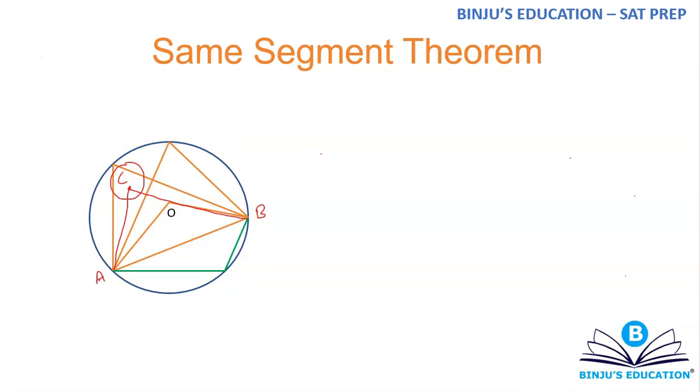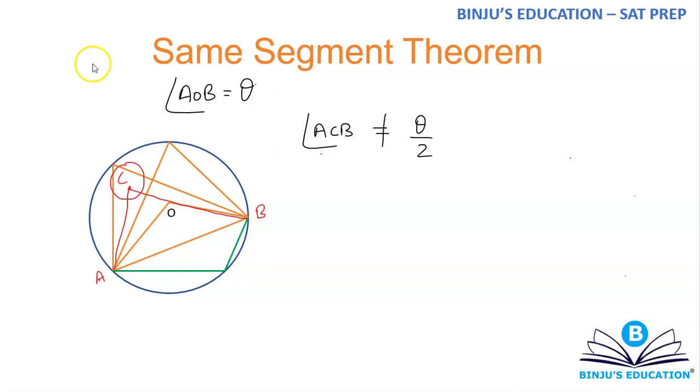So this angle ACB is not equal to theta by 2, given that angle AOB is theta. So there are two conditions: the point should lie in the same segment, and the point should lie on the circumference.